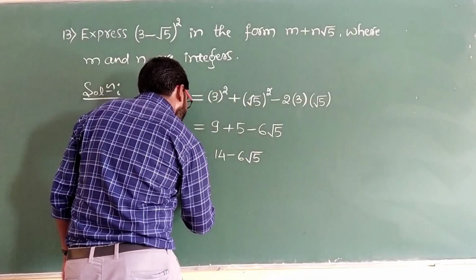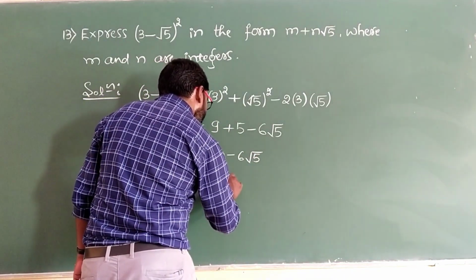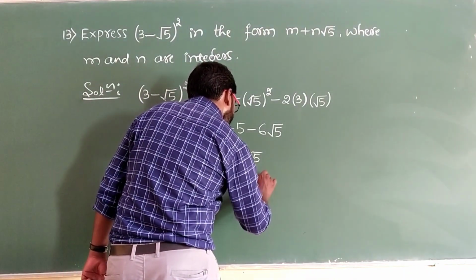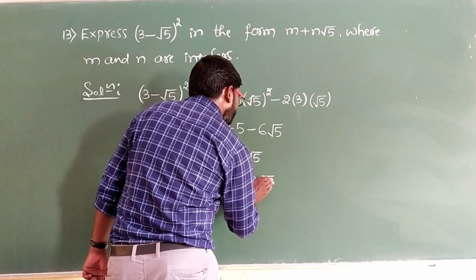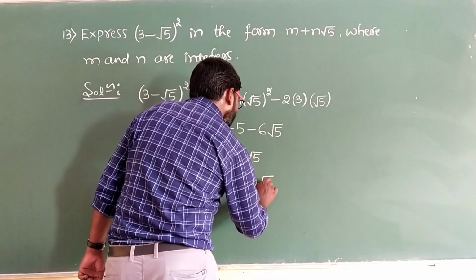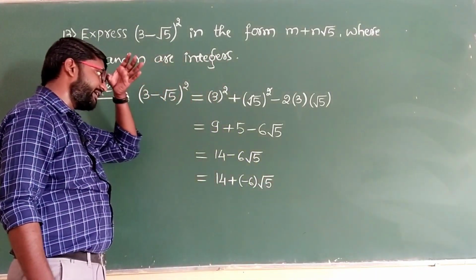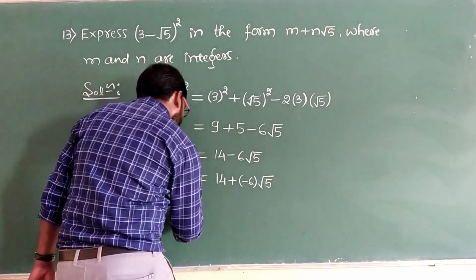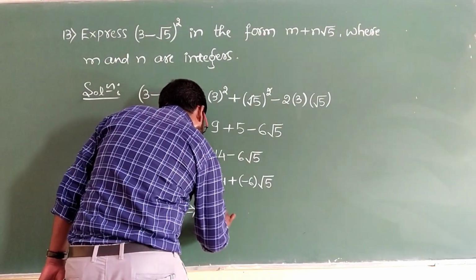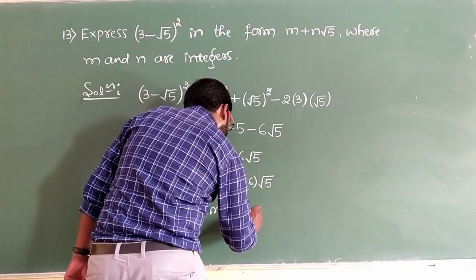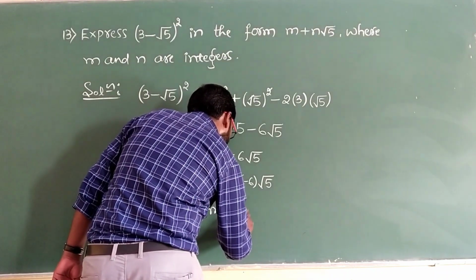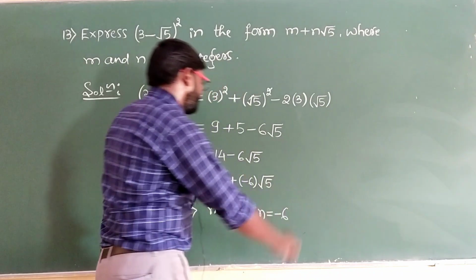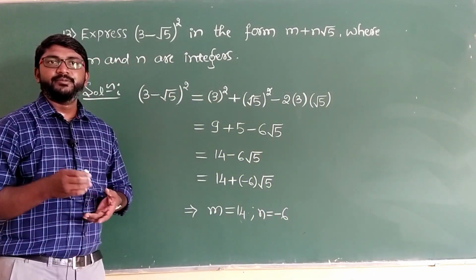So now this can be written as 14 plus minus 6 into root 5. So what is the value of m here? m value it is 14 and n value it is minus 6. This implies m is equal to 14 and n is equal to minus 6. So this is all about the 13th problem.